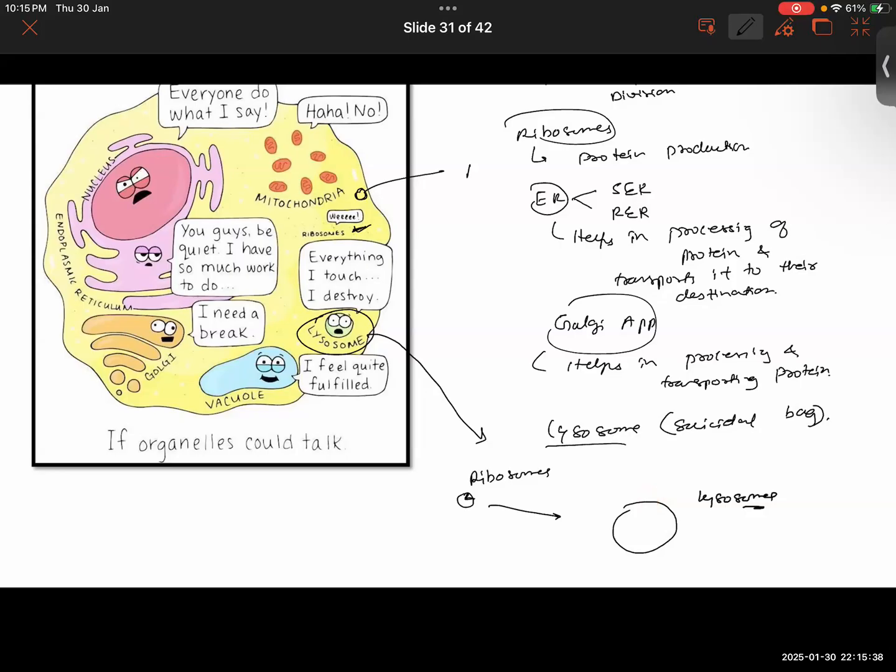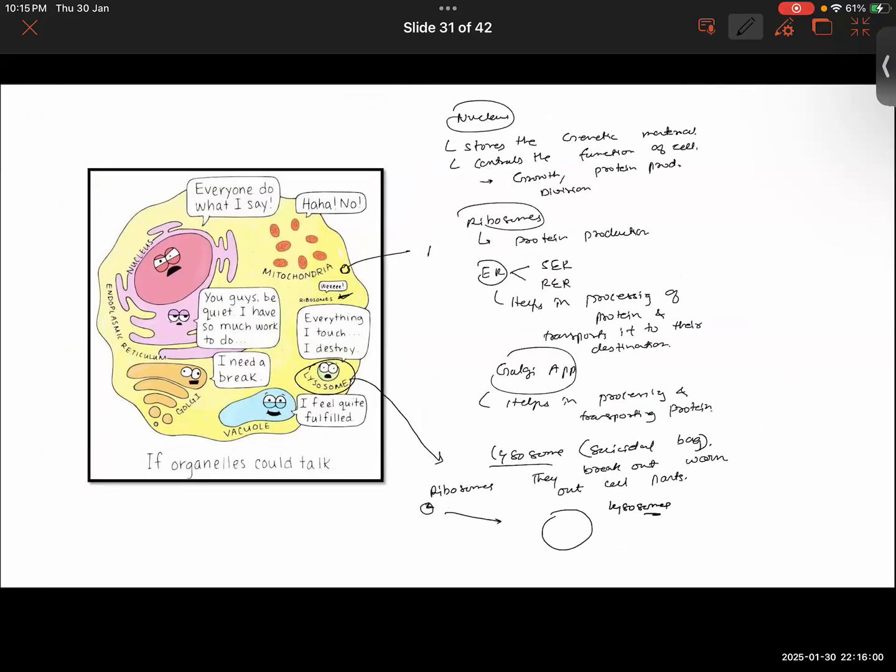So they break down worn out cell parts, worn out meaning damaged cell parts. That is why they are called the suicidal bag.